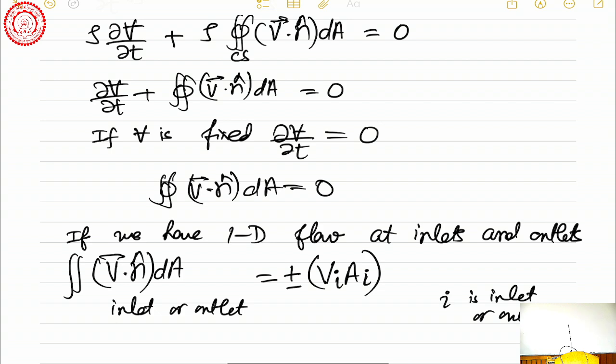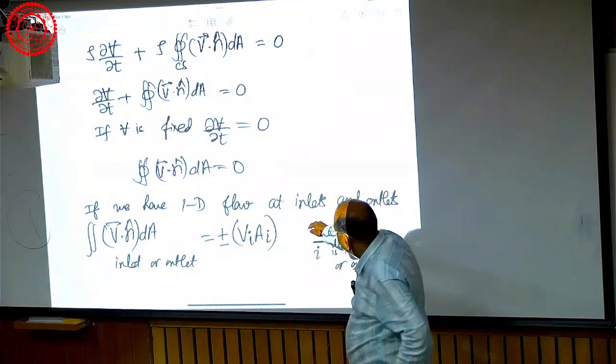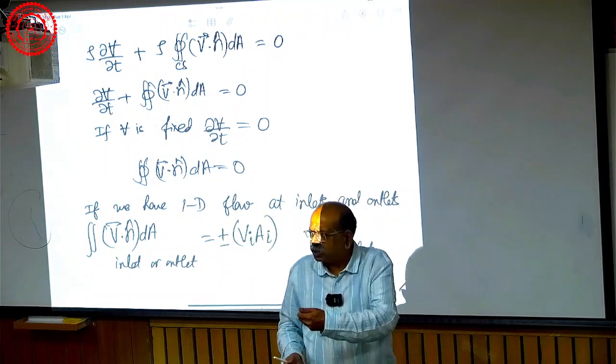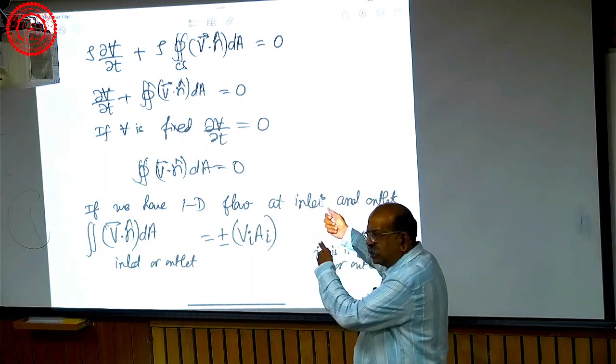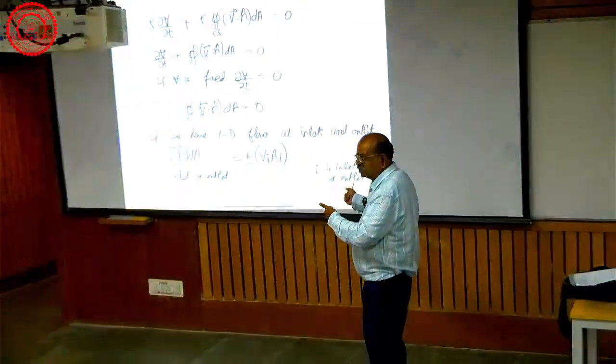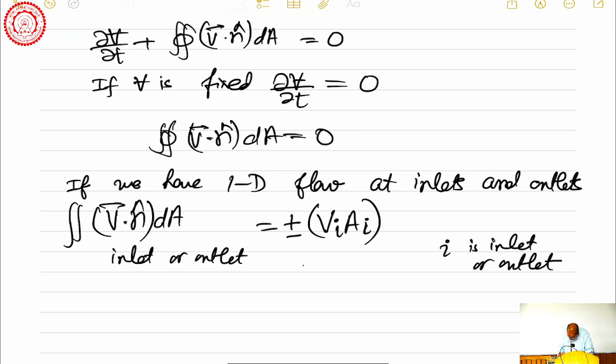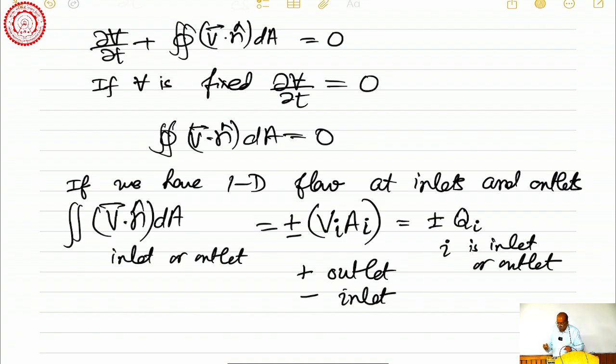And in addition, if the flow is one dimensional, then at each of the inlet and outlet, this term will become Vi times Ai, and it will have a plus sign if it is an outlet, minus sign if it is an inlet. So this term will just become this, plus for outlet, minus for inlet, and this we can say is equal to plus minus Q sub i. We had done this.